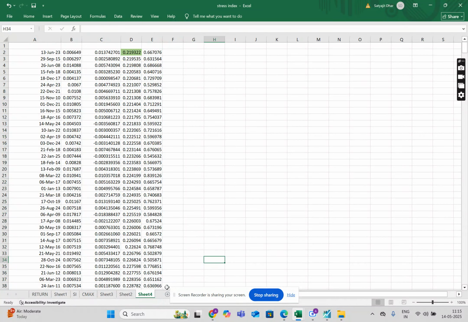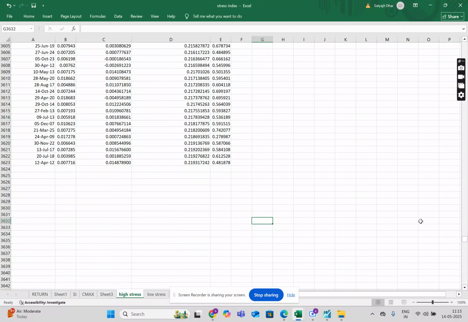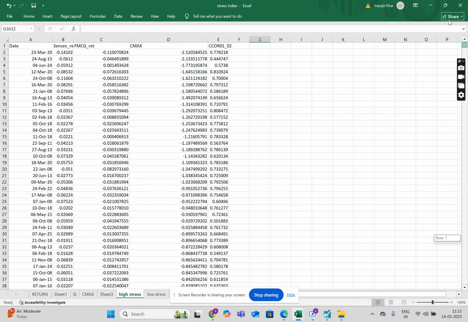Let me write: this is low stress market because of high values of Cmax. So this is a low stress market, and this will be the high stress market. We copy this.